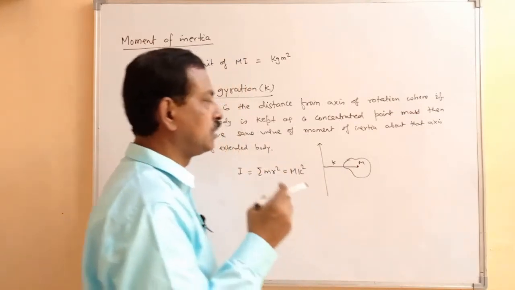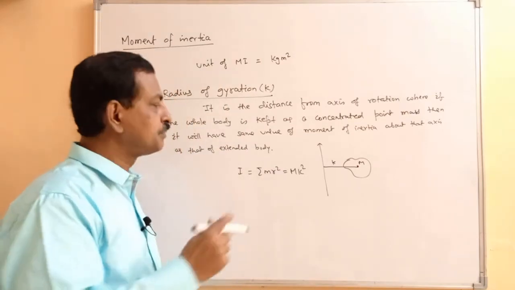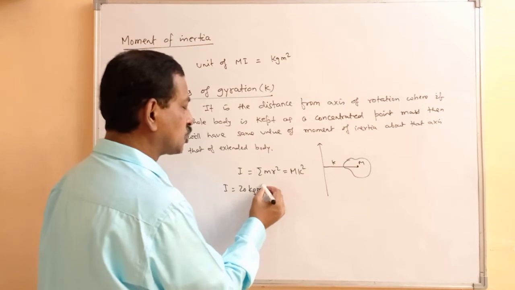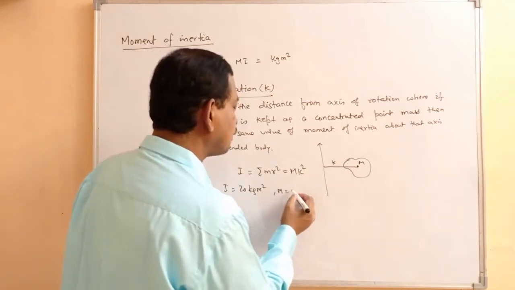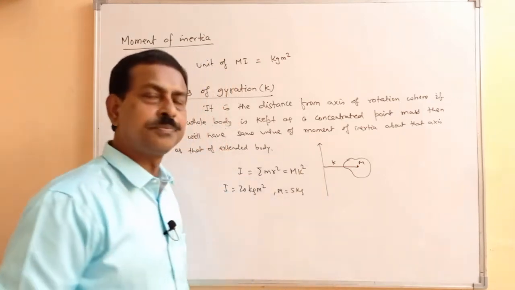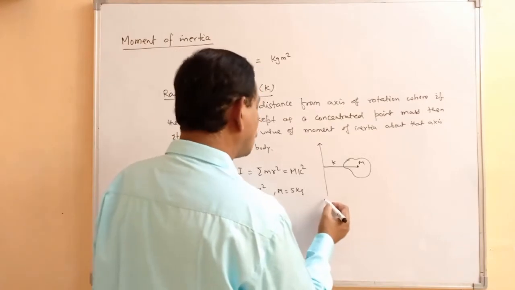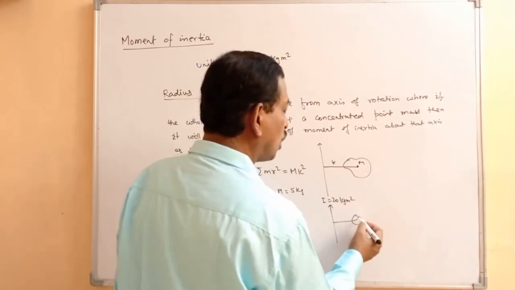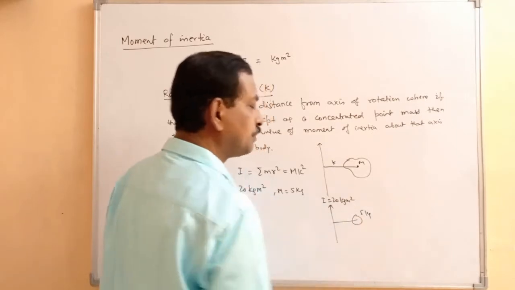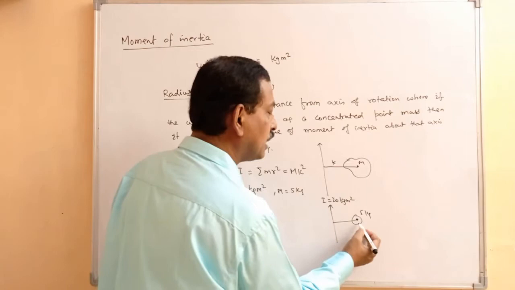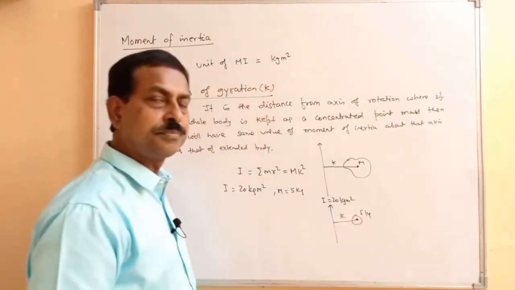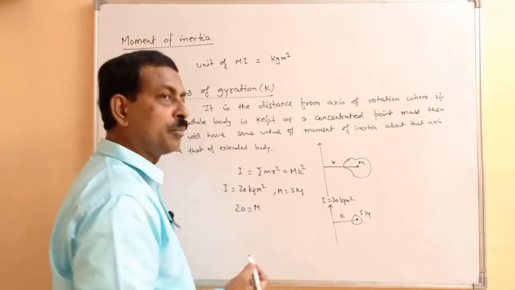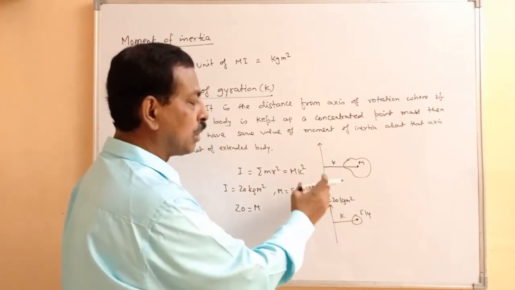Let's take one more example, an actual example, then it will be more clear. Suppose I have a body whose moment of inertia is given as 20 kg meter square and its mass is 5 kg. If I put it as a point mass at a distance k, this k should give the same value of moment of inertia about the particular axis of rotation.